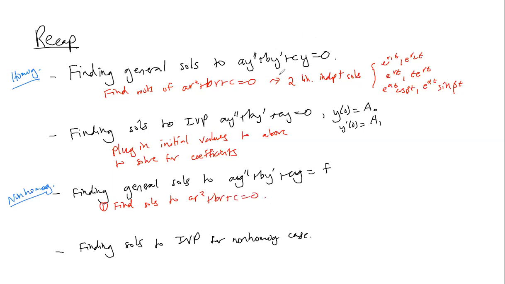Just like for the homogeneous case, you find solutions, right? And then you need to find, so this is the same as above. But then you can add to that any particular solution to this non-homogeneous case. So all you need to do is find one solution to this, and then you can add it to any solution to the homogeneous case. So you find a particular solution.